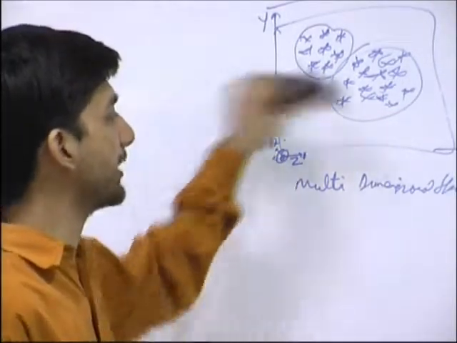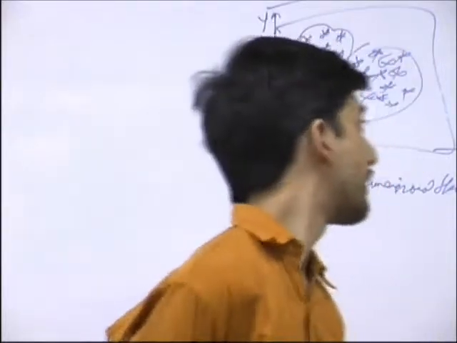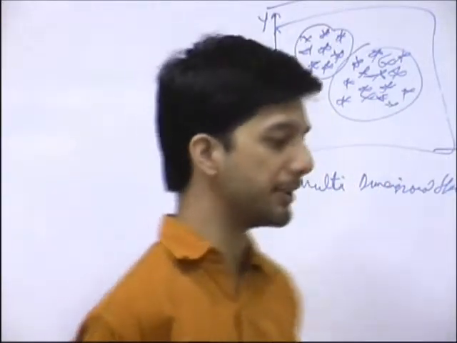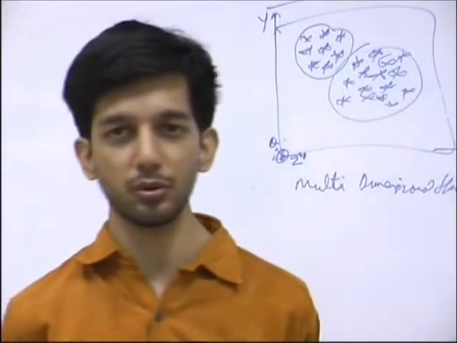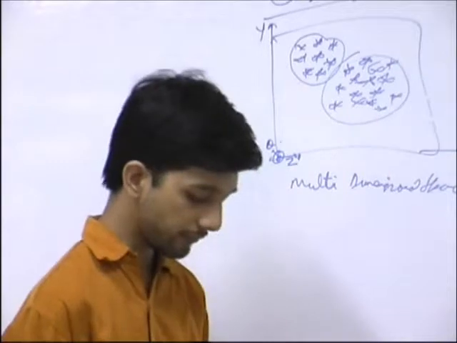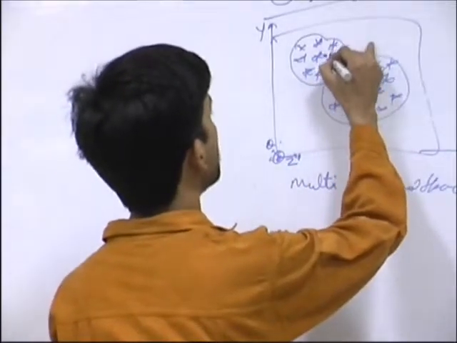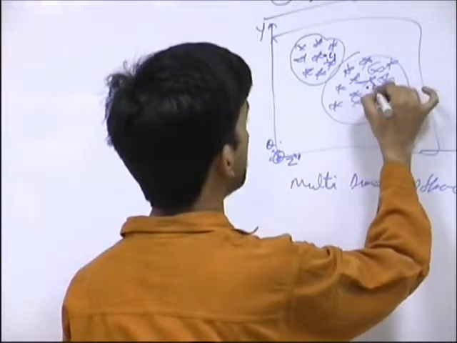We'll just say that there is a multi-dimensional space. There are some points that have already been marked in the space. We have to try to find out clusters. Now a cluster will always be defined by a cluster center.